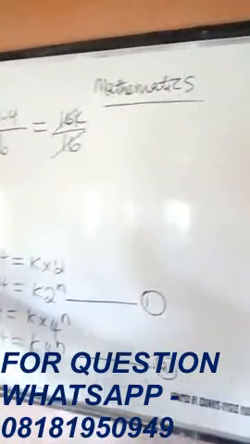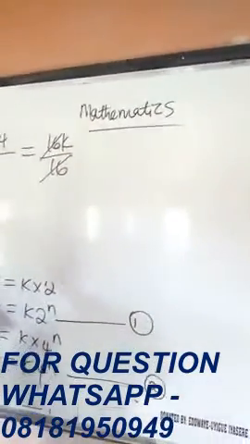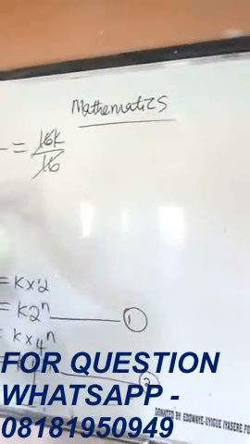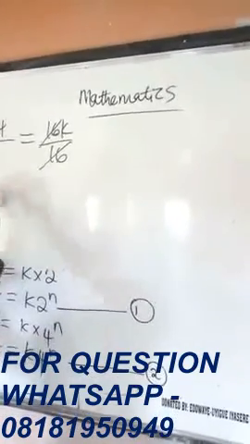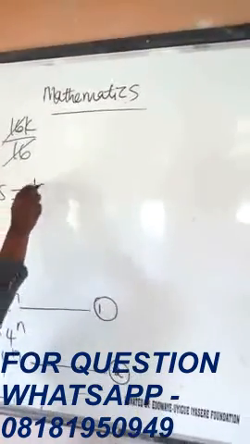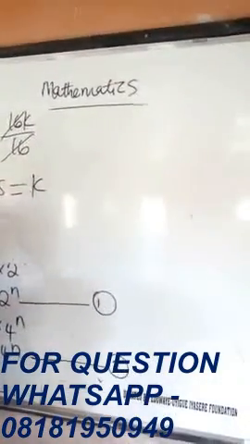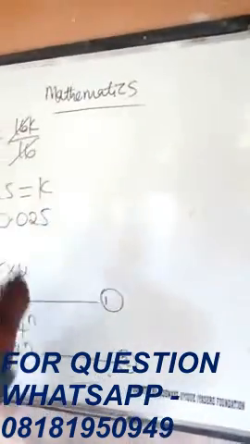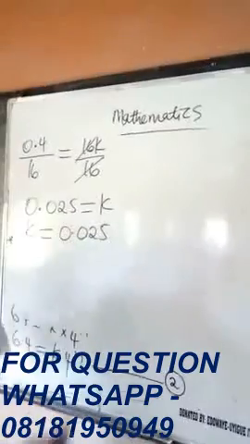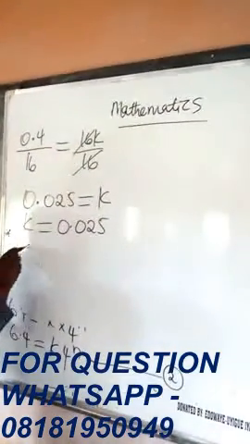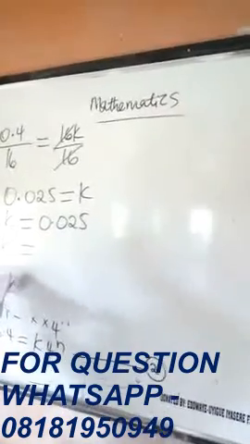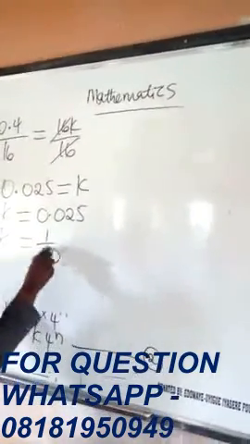So 0.4 over 16 will give us k, that is 0.025 equals k. And k is the same thing as 0.025. We can as well write it as a fraction. So 0.025 is the same thing as 1 over 40.